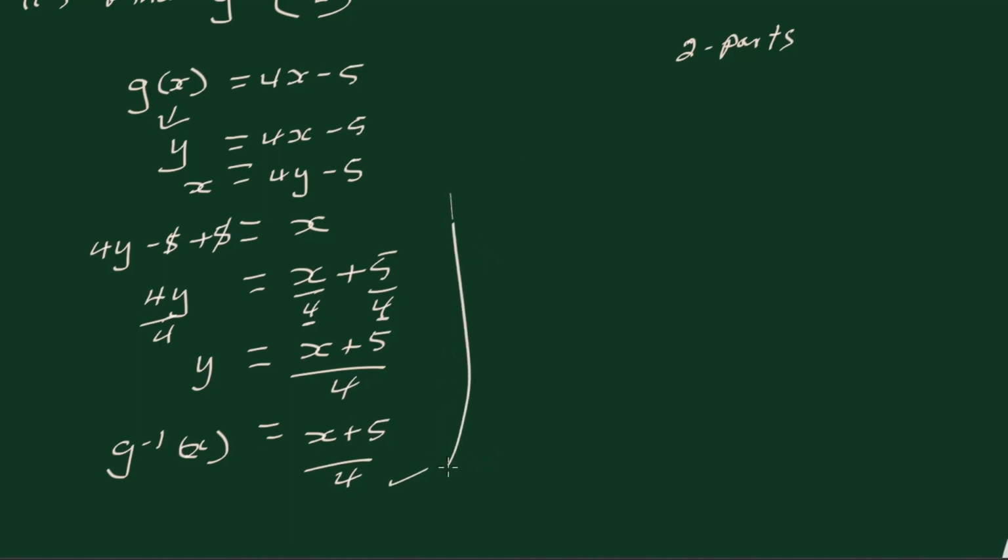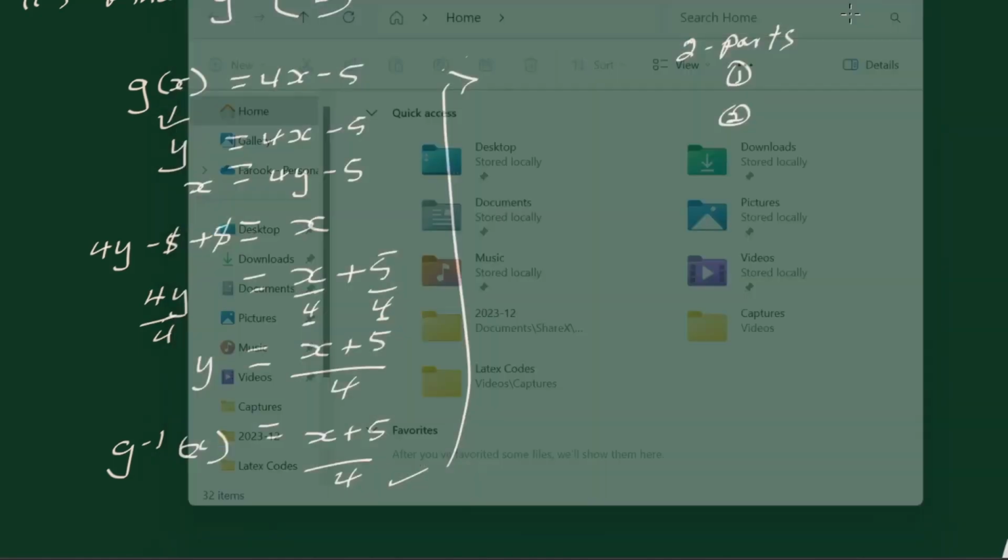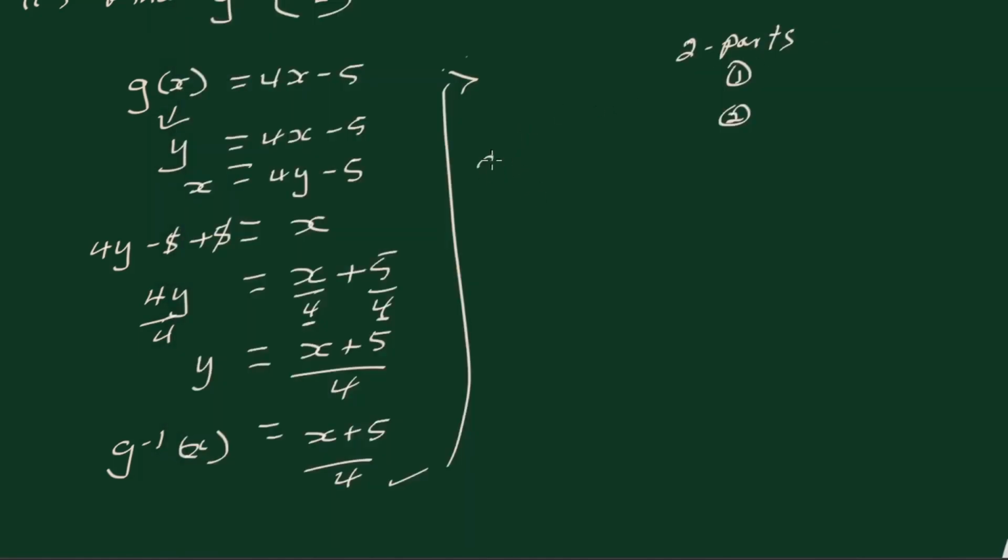Now the second part, that's part 1. The second part, we need to now input negative 2 into the inverse function. So our inverse function, g inverse of x, now x is replaced by negative 2, equals x plus 5 all over 4.